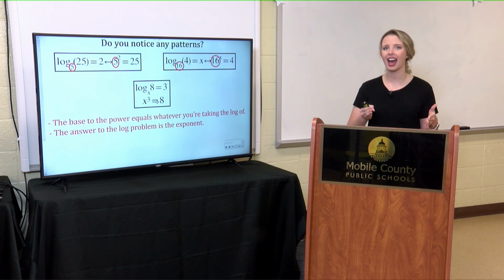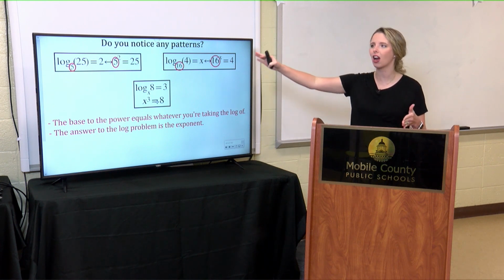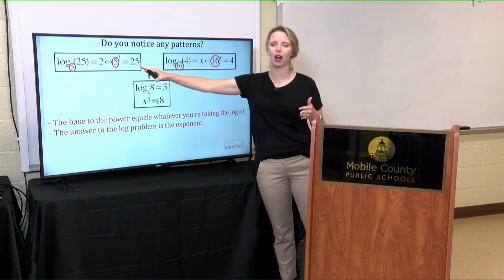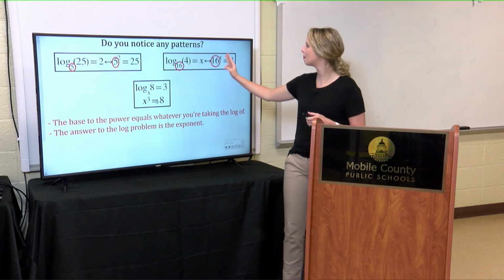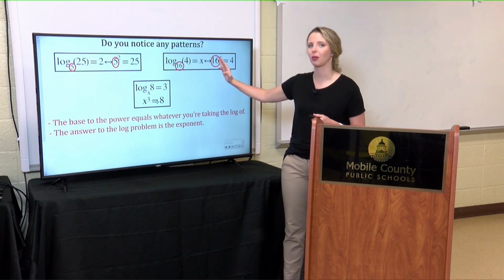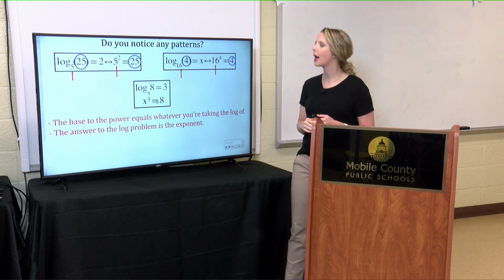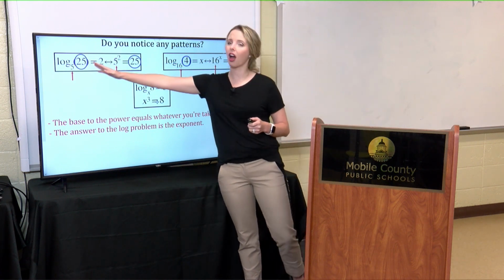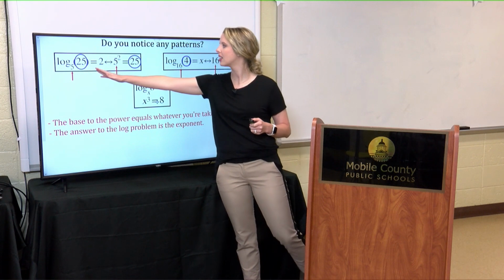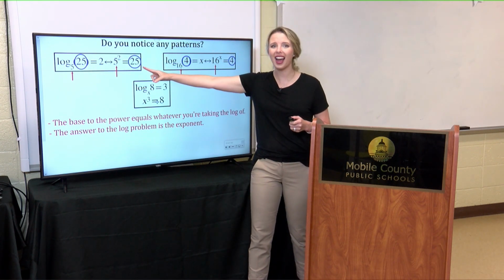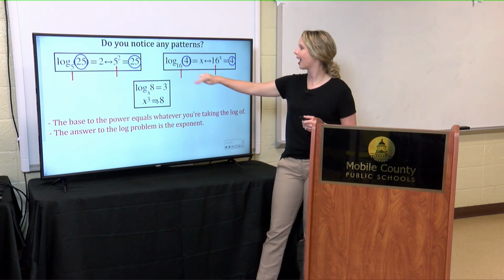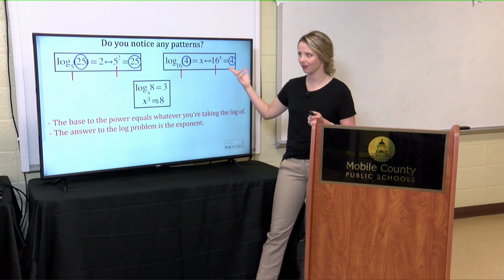Our base of 5 in our log problem is our base of 5 in our exponential problem. Our base of 16 in our log problem is the base of our exponential function, right? Maybe you notice that what we were taking the log of was originally on the left of the equal sign, and now in our new problem it's on the right. See how 4 is on the left and then 4 is on the right?